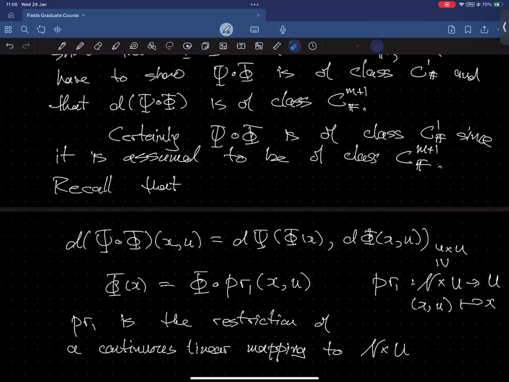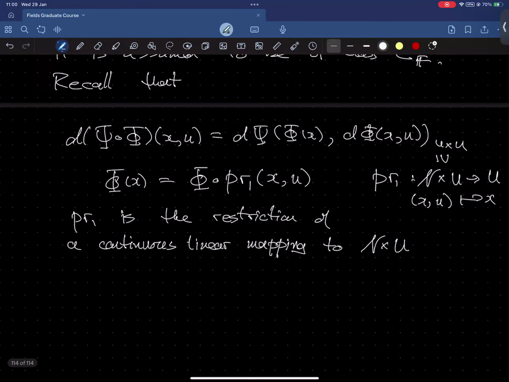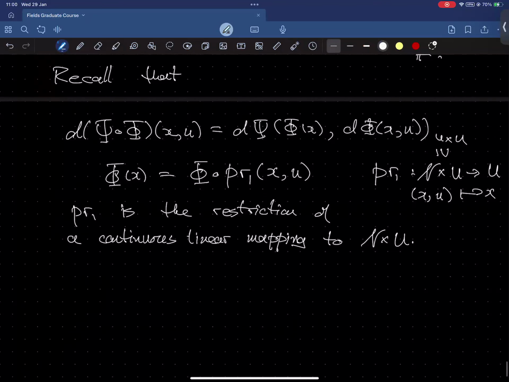So this is just the restriction of a linear mapping to that, and we know that linear mappings are infinitely differentiable. Thus, PR1 is of class C infinity.